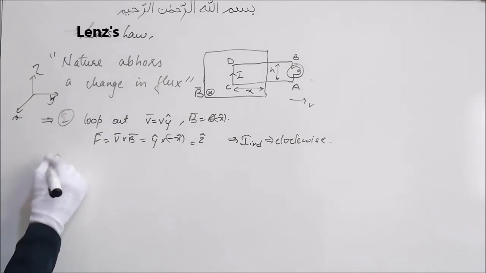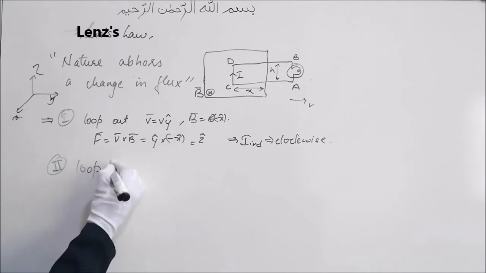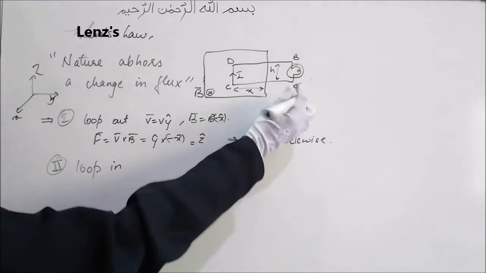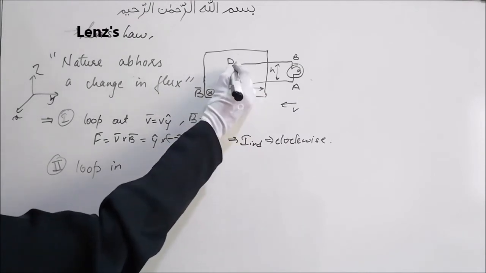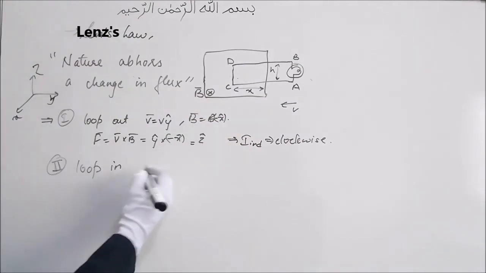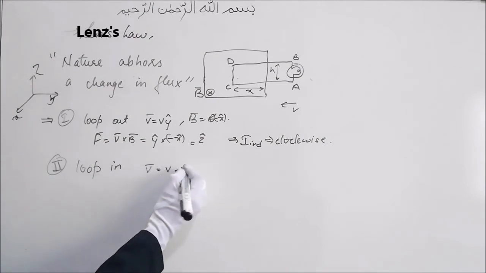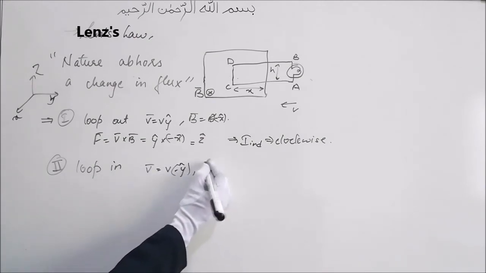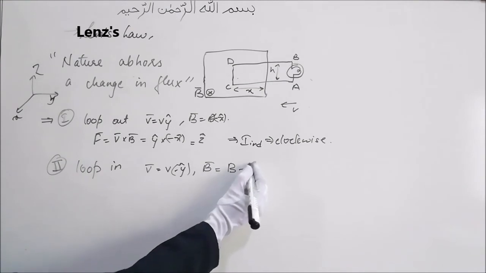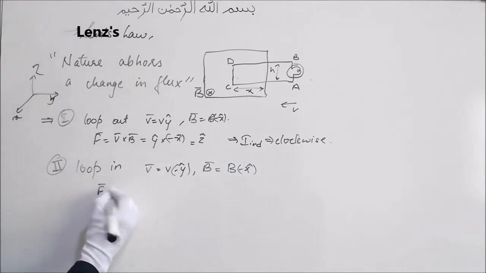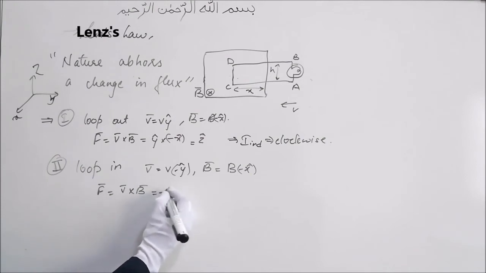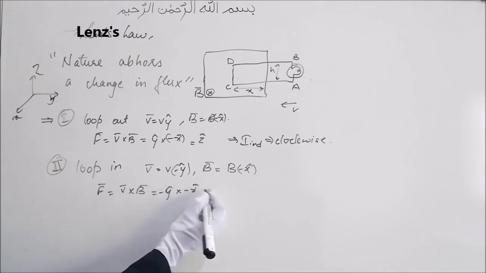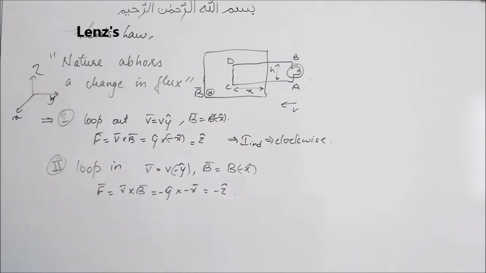The second case, let's consider that the loop is moving inside. Now the loop is moving inside and we don't know the current direction. That is, V is along the minus y hat direction. The magnetic field is as it is, minus x hat direction. So the force here will be V bar cross B bar, that is minus y hat cross minus x hat, that will be minus z hat direction.